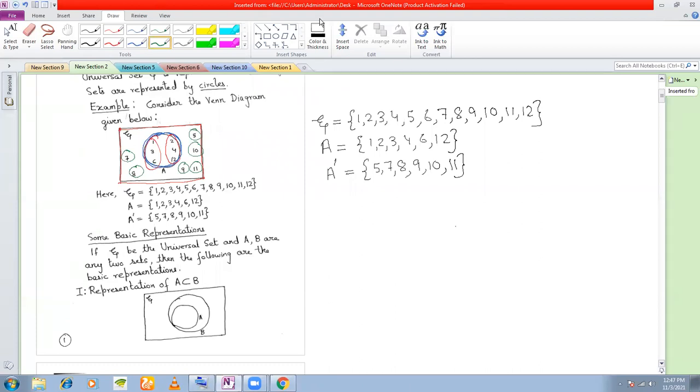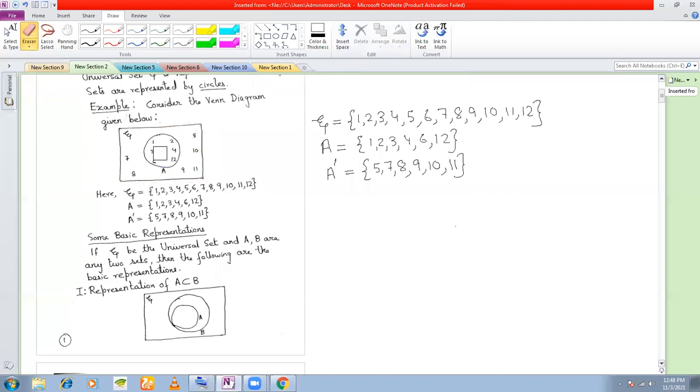Sir, you told that the numbers outside the circle are the complement. How did you consider it as a complement?